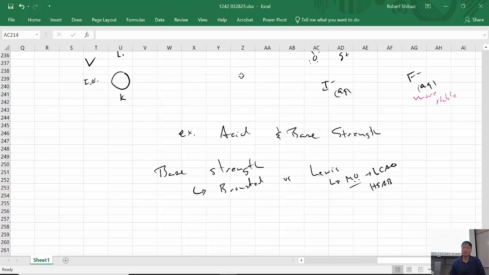Linear combination of atomic orbitals makes two molecular orbitals. We get an MO star and an MO. So we take two AOs, atomic orbitals, and we form two MOs. HSAB tells us what forms good LCAOs. What forms good LCAOs we dictate from HSAB. HSAB is called what?